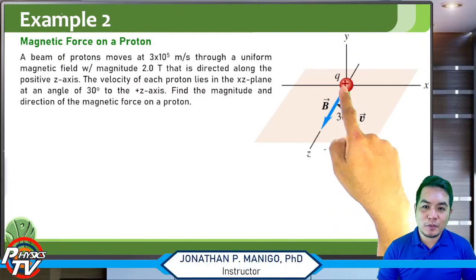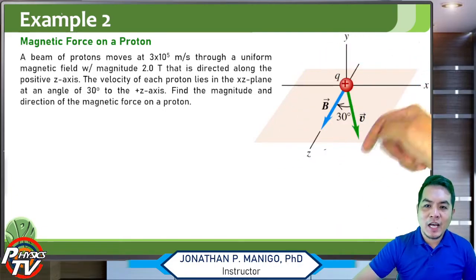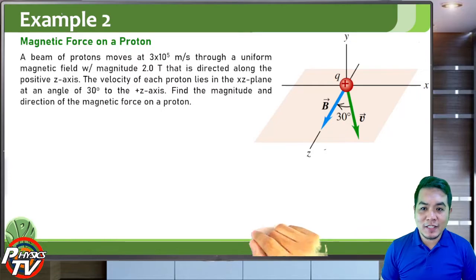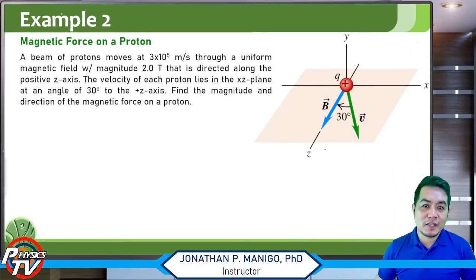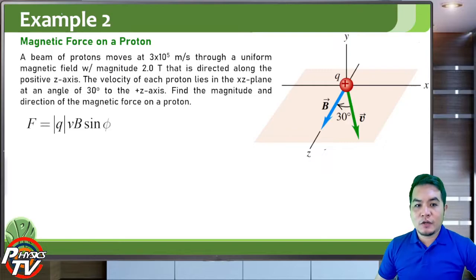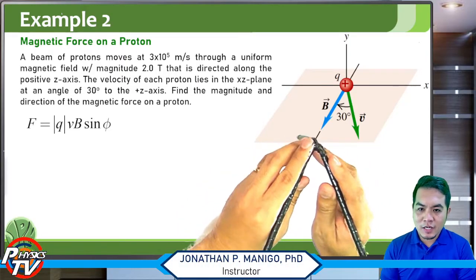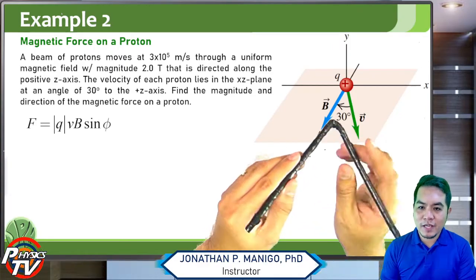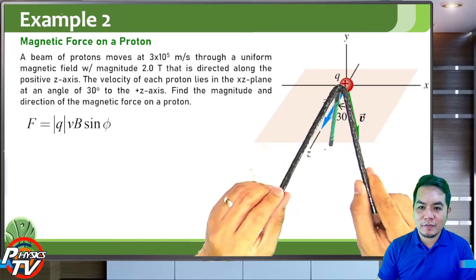So if you have a single proton and you expose it to an external magnetic field B directed along the positive z-axis, and the proton is moving in this direction 30 degrees with respect to the axis, then you can calculate the magnetic force using V cross B. V is the first finger, and B the second finger.